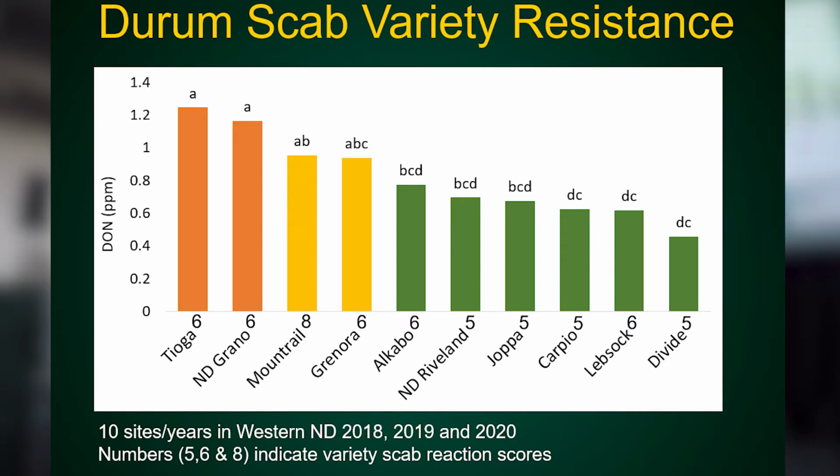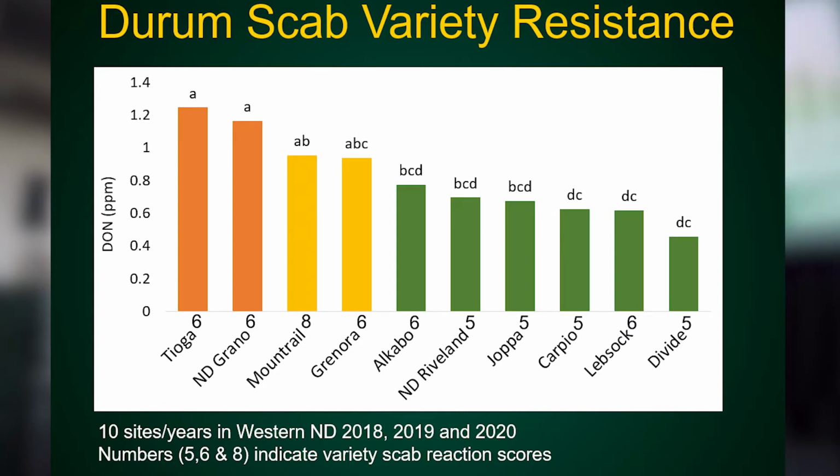But what we can tell from this research is that Tioga, Grano, Montreal, and Granora were among our higher DON varieties. And then these varieties here in green, Alkabo, ND Riblin, Joppa, Carpio, Lebsack, and Divide, were among our lower DON accumulating varieties. And all of our varieties that got a rating of 5 were reliably lower. So it looks like we can use that 5 rating as our benchmark. One interesting result is Lebsack.